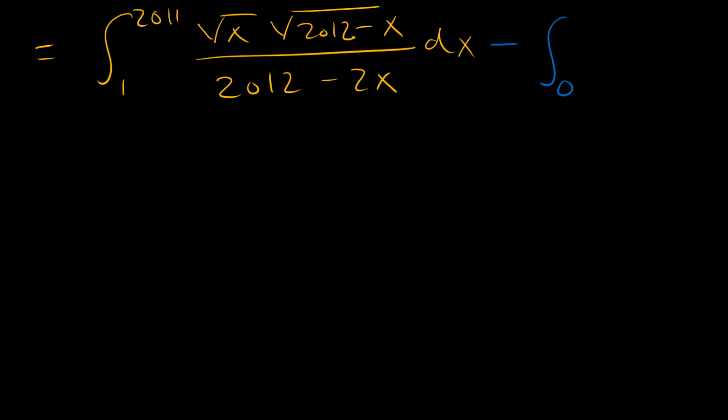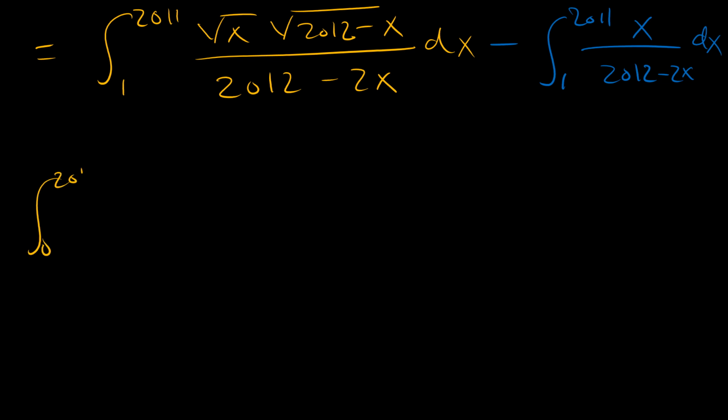Sorry, that's not 0, rather it's 1. So we have our blue integral, x over 2012 minus 2x. So let's handle the yellow integral first, and then we go forward and handle the blue integral.